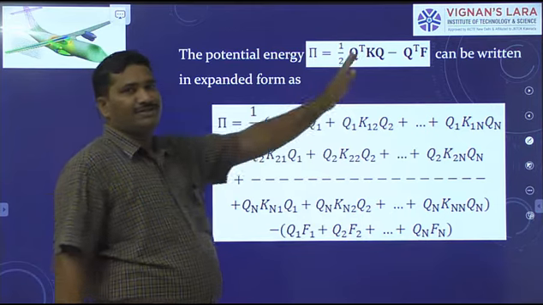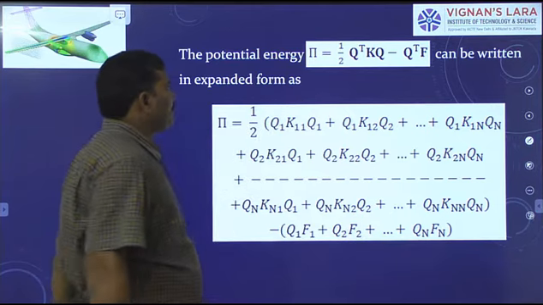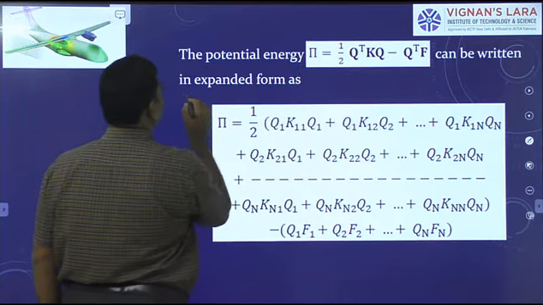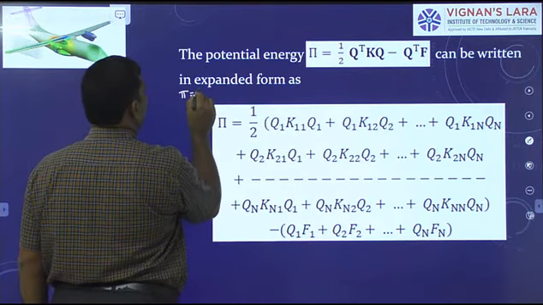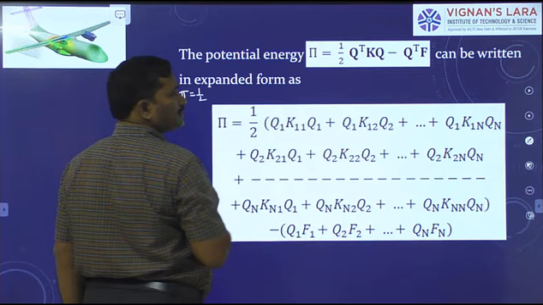Now, we expand this. So, how do we expand? Pi equals half into Q transpose.